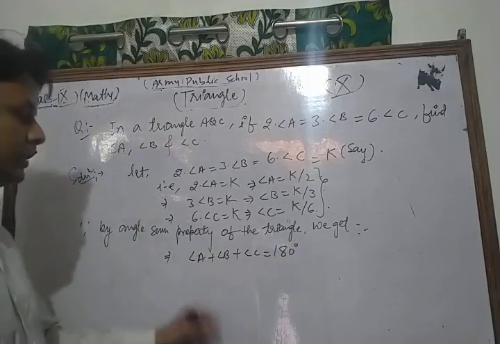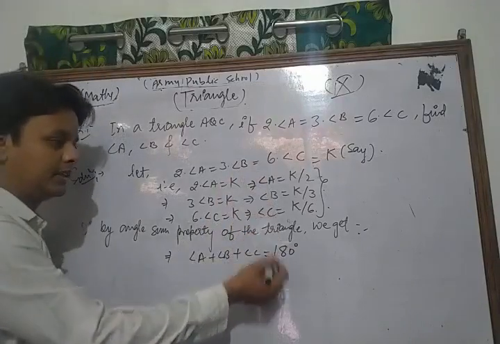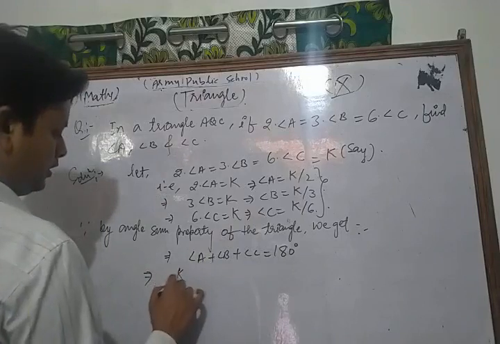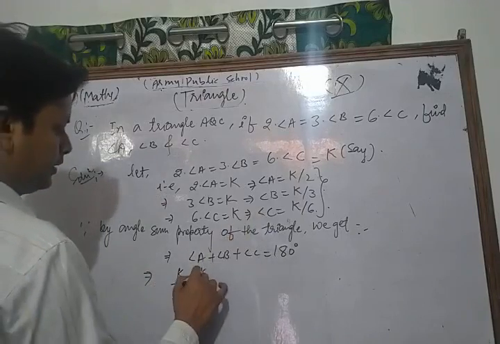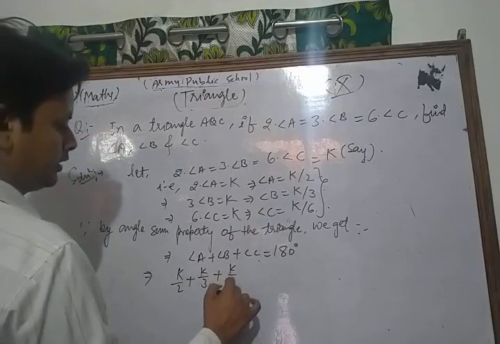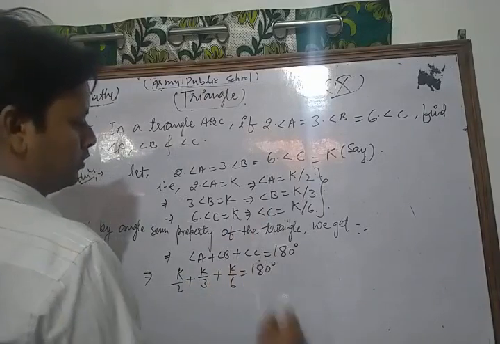Now we put each and every value of angle A, B and C in the given formula. K by 2 plus K by 3 plus K by 6 is equal to 180 degree.